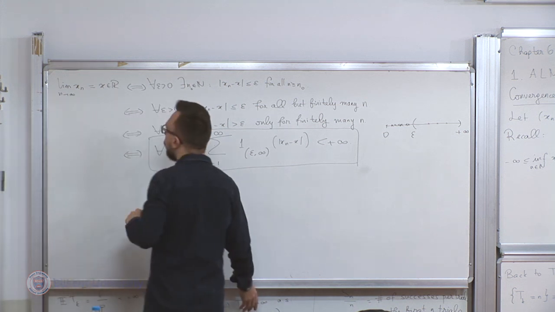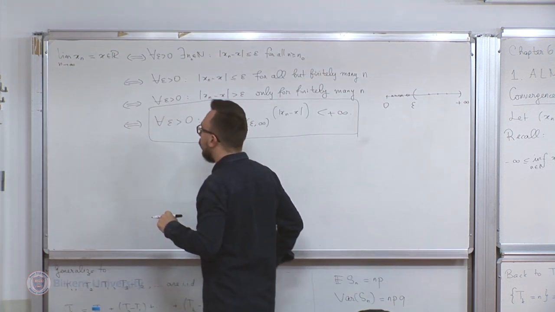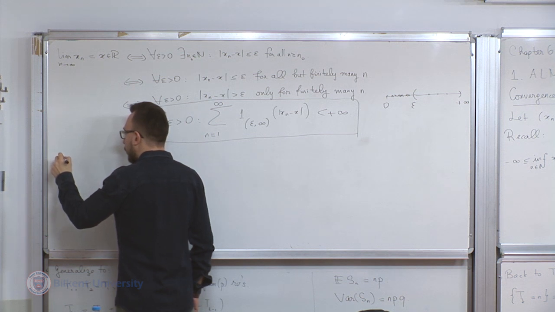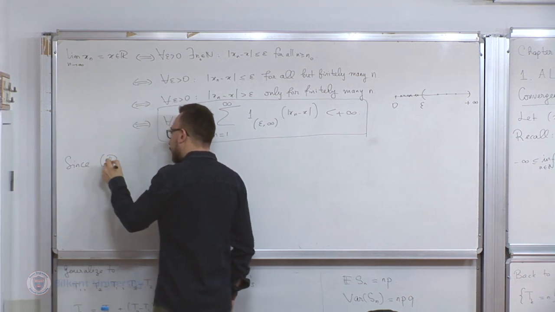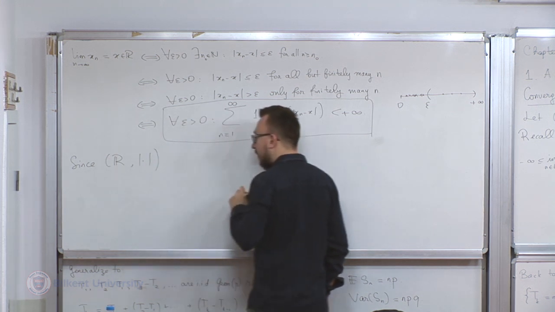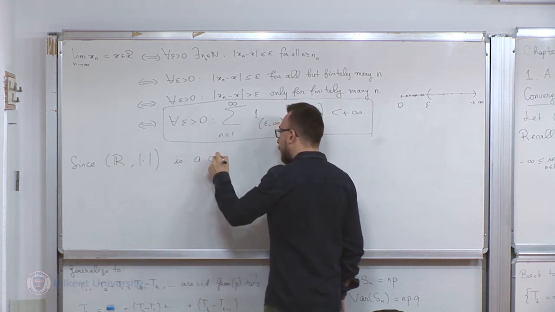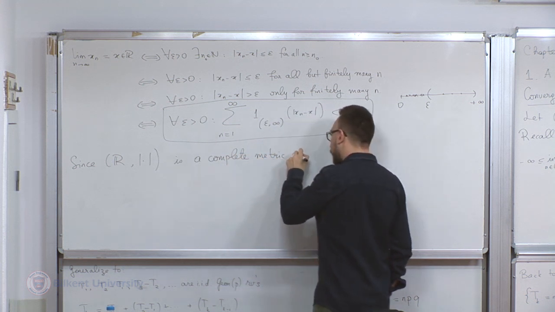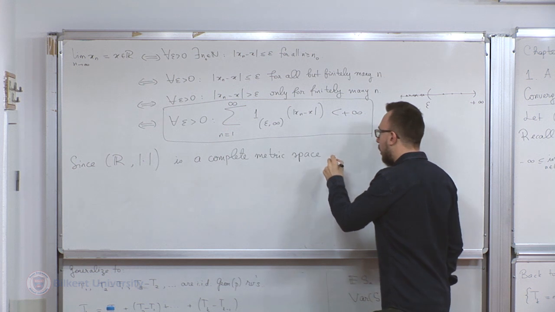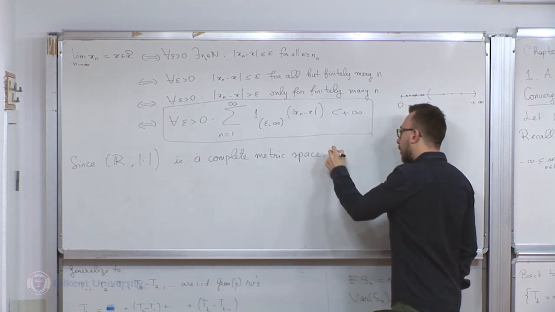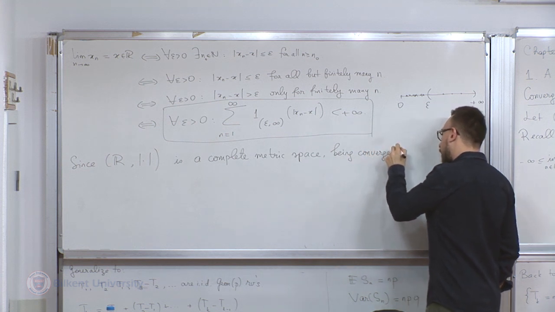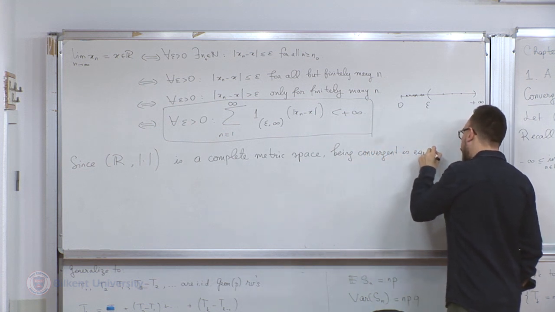And okay. One more thing. Since the real numbers with the absolute value being a metric form a complete metric space, being convergent is equivalent to being Cauchy.